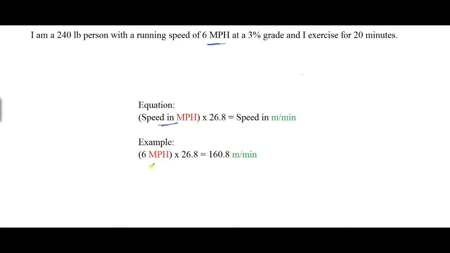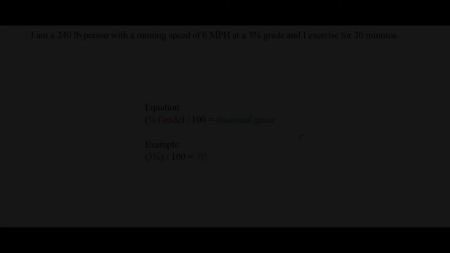The example in my case is 6 miles per hour times 26.8, which gives me roughly 160.8 meters per minute. Now you've converted that, you can put that aside and we'll move on to the next factor.